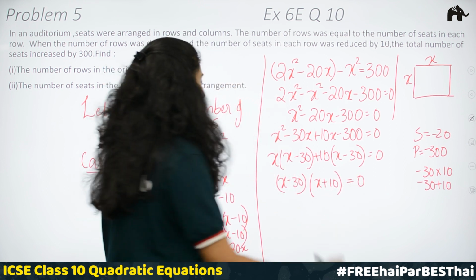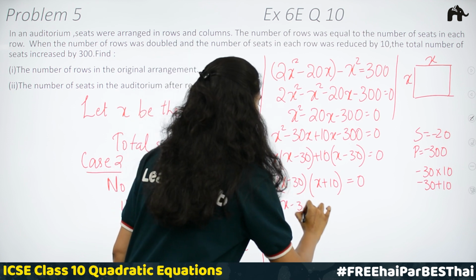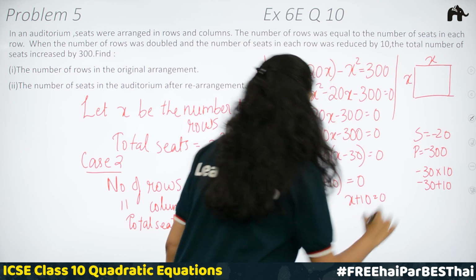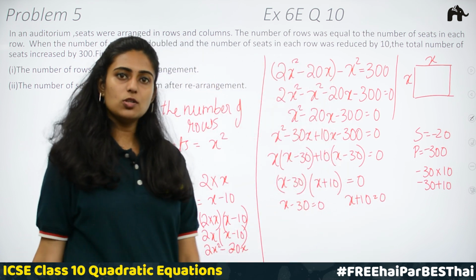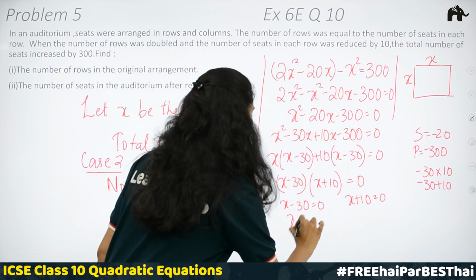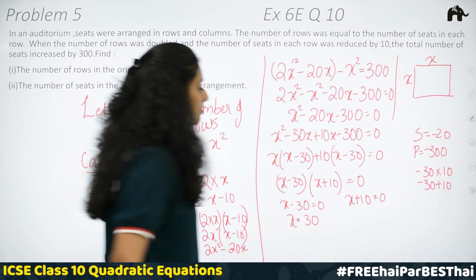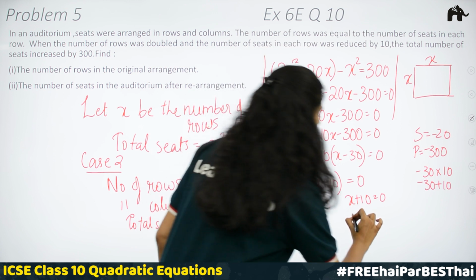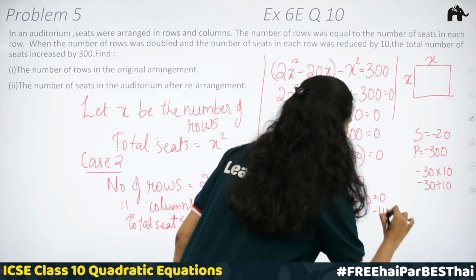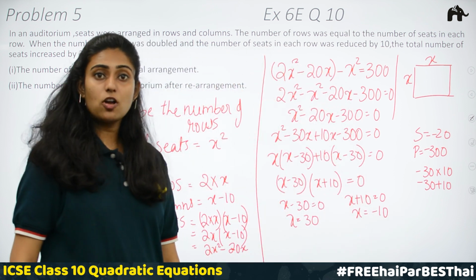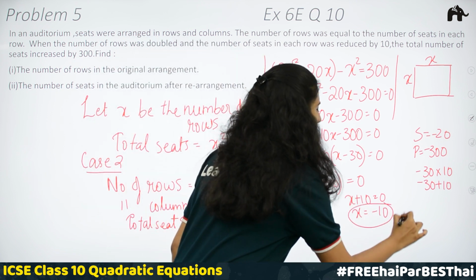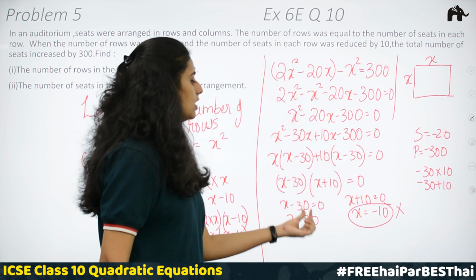Applying the zero product rule, x minus 30 is equal to 0 or x plus 10 is equal to 0. X minus 30 is equal to 0 means x is equal to 30. X plus 10 is equal to 0 means x is equal to minus 10. Number of rows cannot be negative, so this value is rejected. So, x is equal to 30.